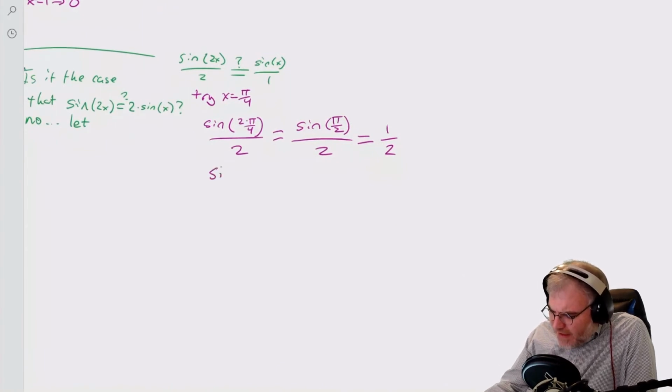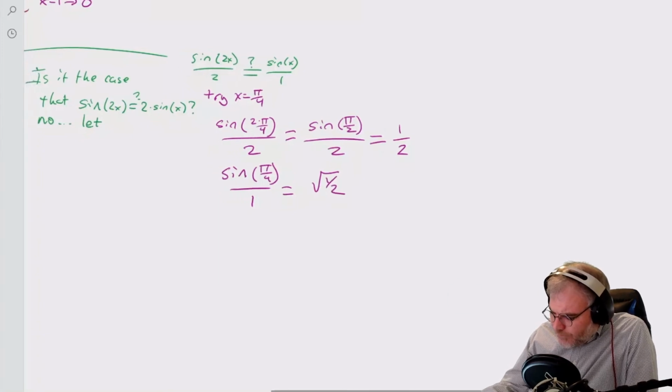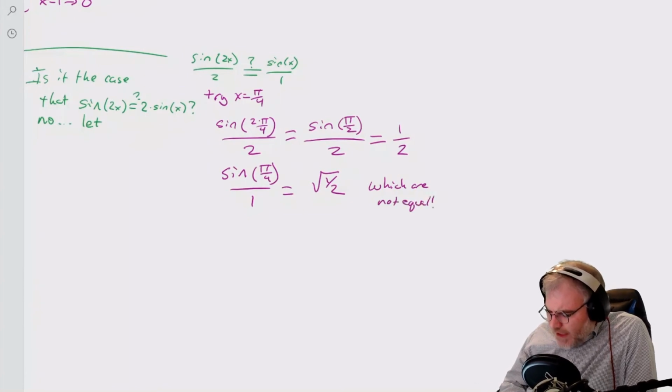But sine of pi over 4 over 1 equals the square root of 1 half. And they're not equal. So these things are not equal.